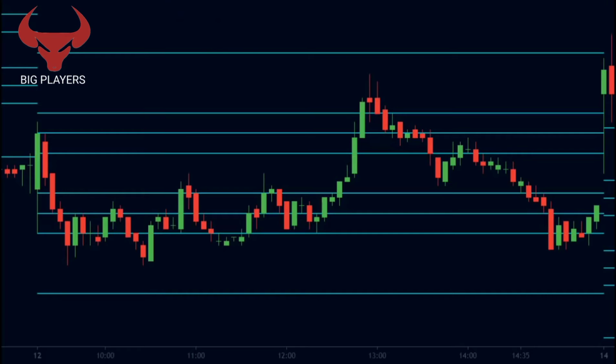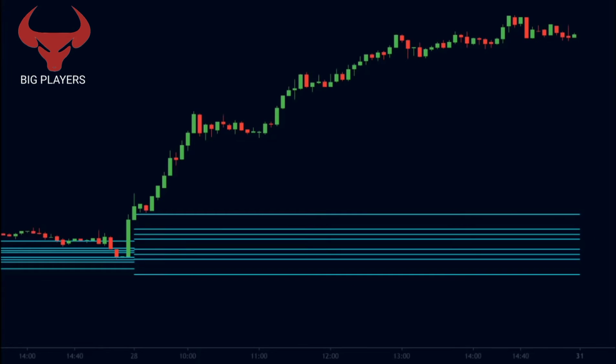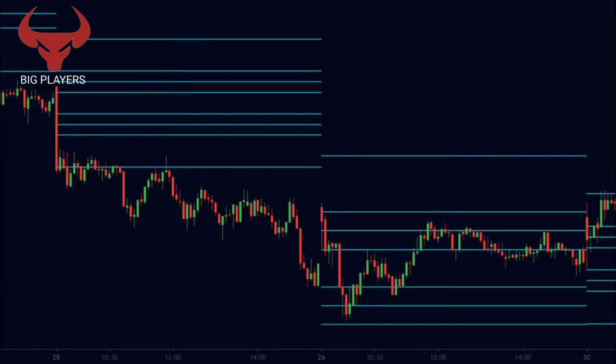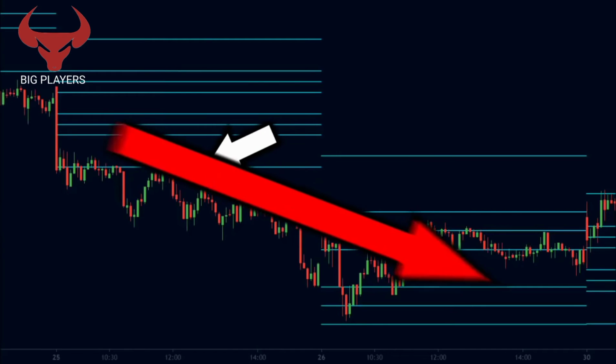When the price is between the R4 and the S4, the price will be considered to be in a range. On the other hand, when the price breaks above the R4, it will be considered to be in an uptrend. Similarly, when the price breaks below the S4, we will consider the price to be in a downtrend.